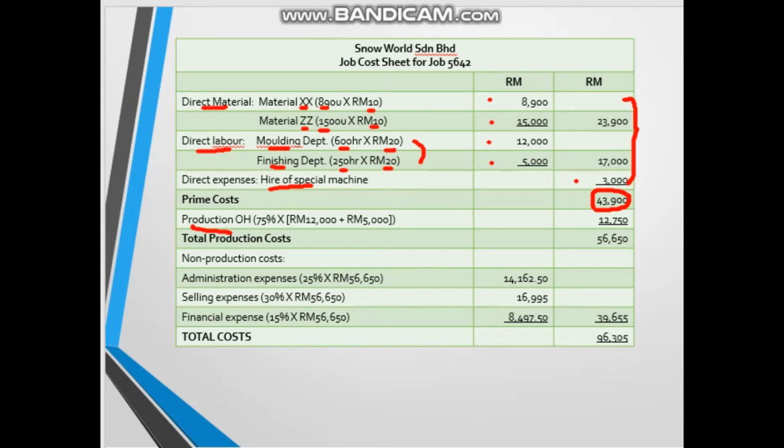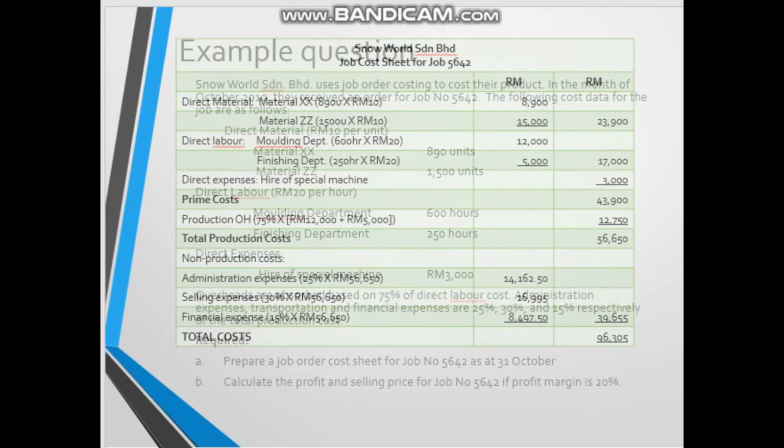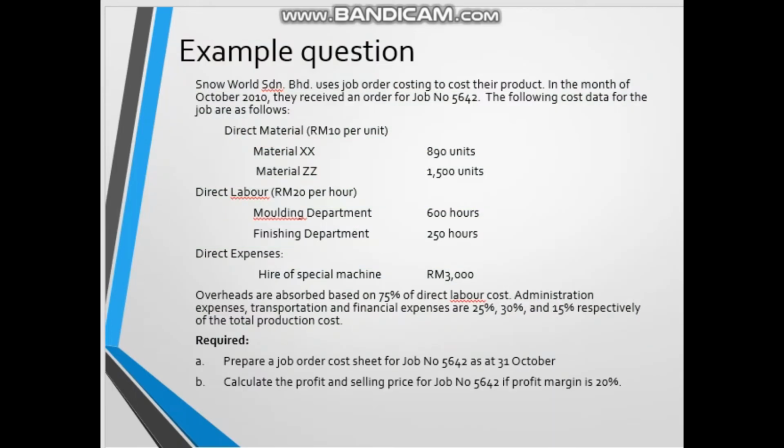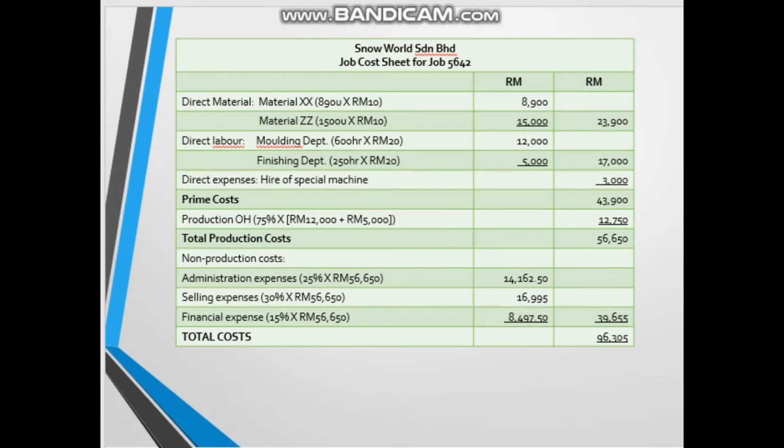From the question stated before, let us have a look back at the question for the overhead. Alright, so overhead is stated here as 75% of direct labor cost. So we have to find the direct labor cost and then times 75%.